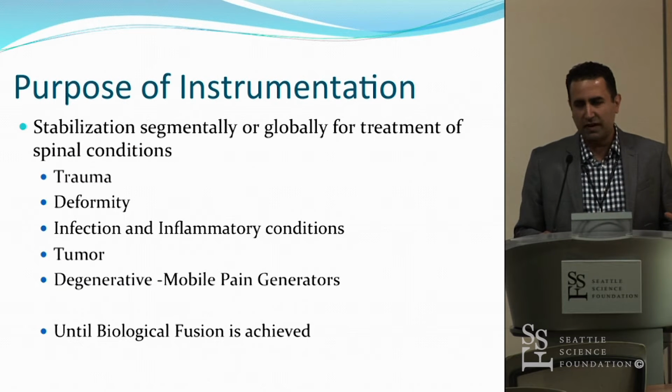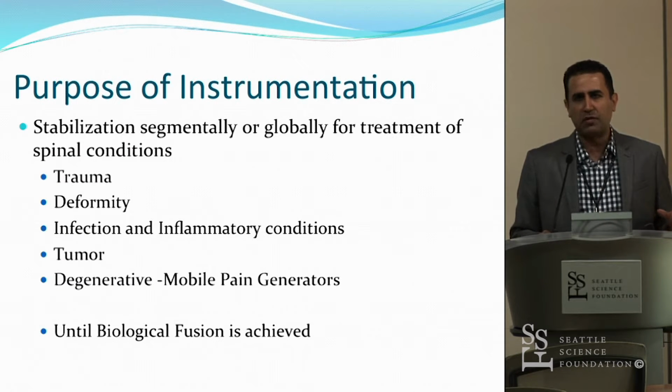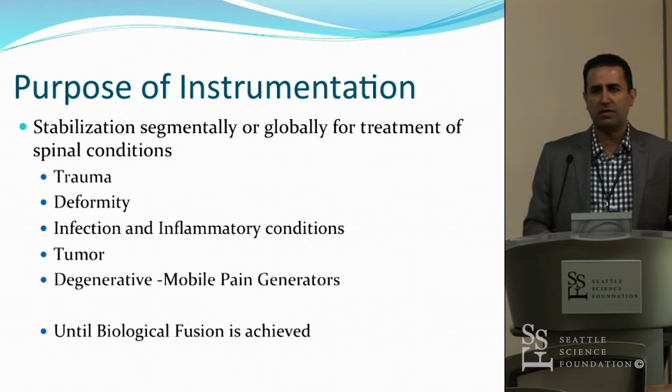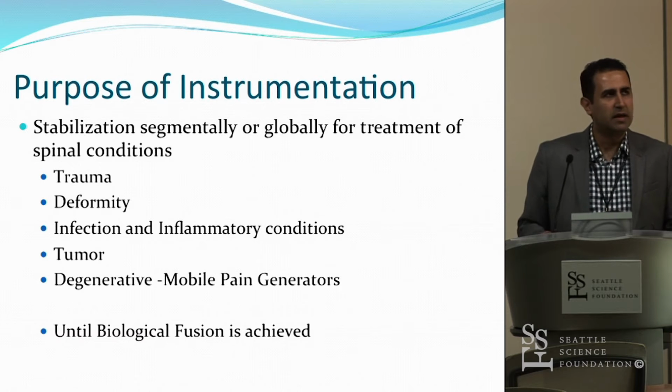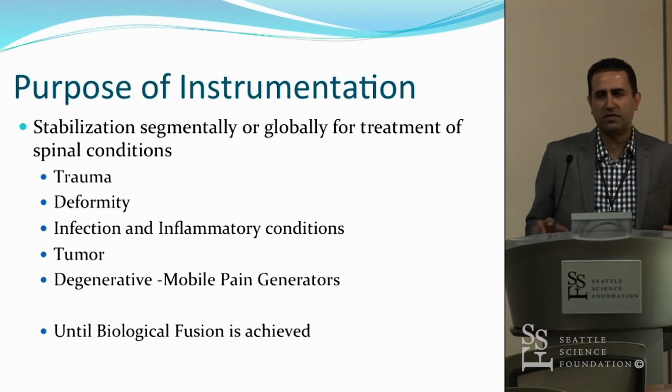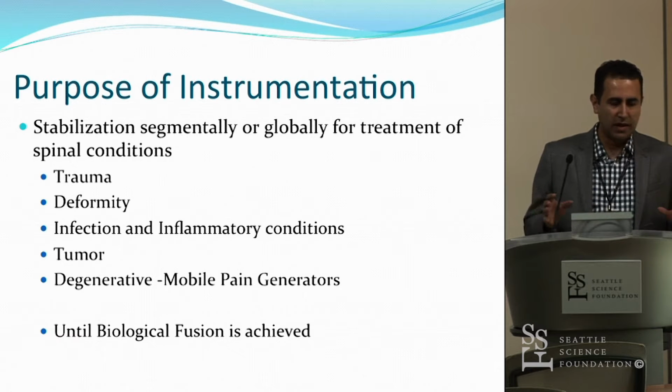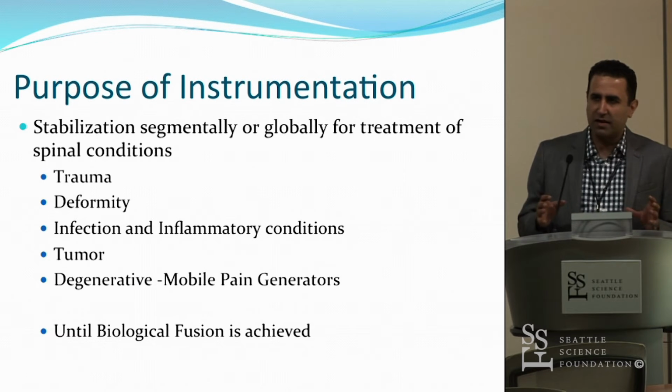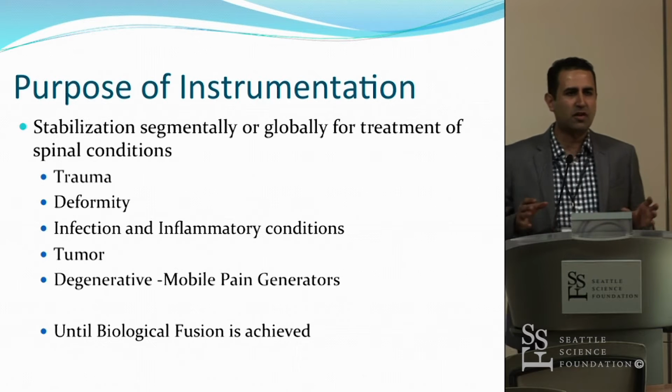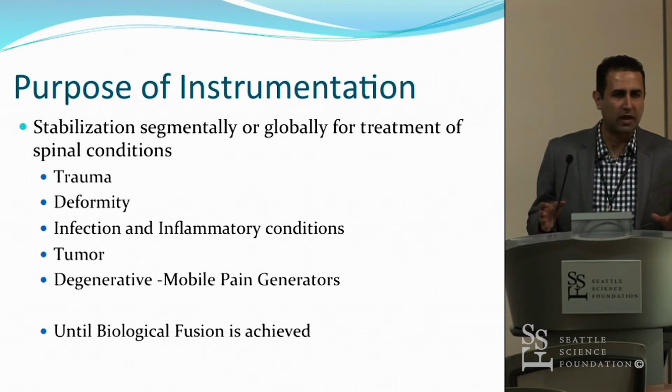So obviously our purpose as surgeons when we need to stabilize the spine is for a variety of conditions that affect that stability. And the whole purpose of stabilization, as you already know, is that it is meant to provide a scaffold until such time as biological fusion takes place.